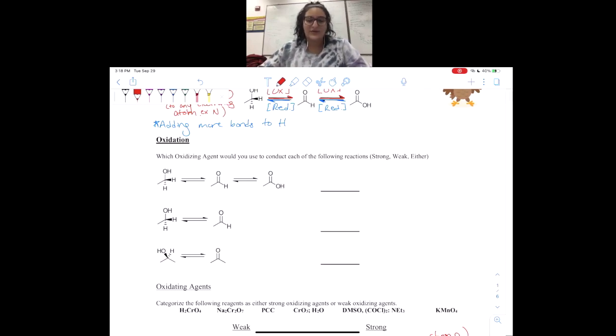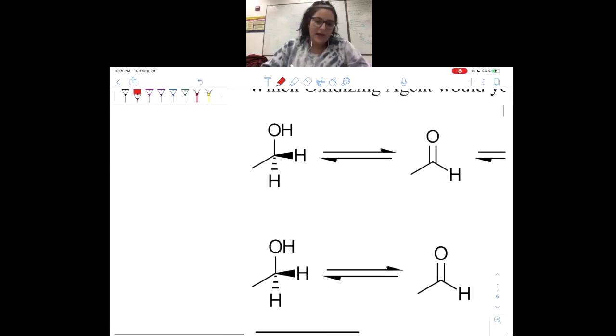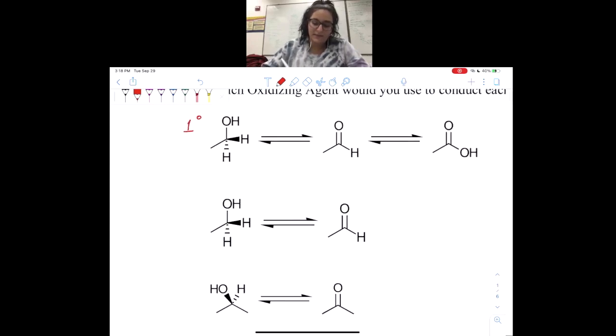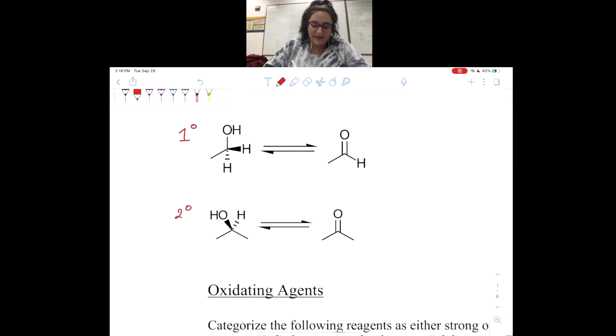First and foremost, I want to reiterate that there's no example of a tertiary alcohol here because oxidation cannot happen with a tertiary alcohol as far as this class goes. Here, I have given you examples of a primary, another primary, and a secondary alcohol.